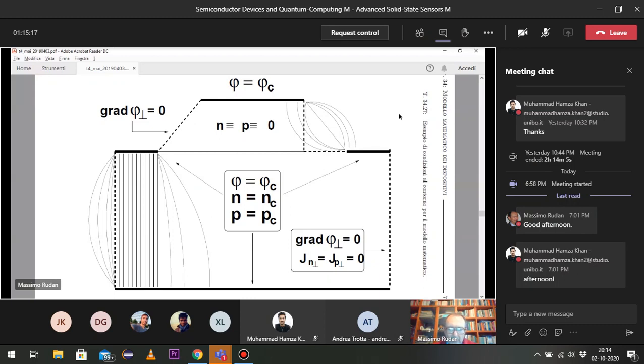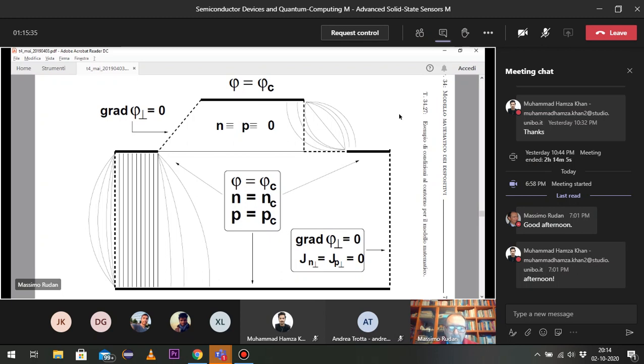And you must prescribe the normal derivative of the unknown along the remaining portion. Now, can we do this for our example?